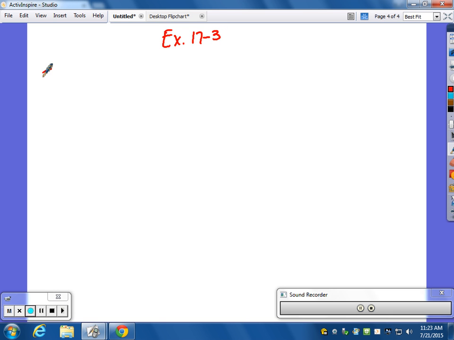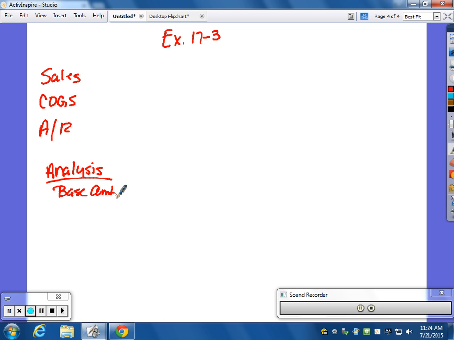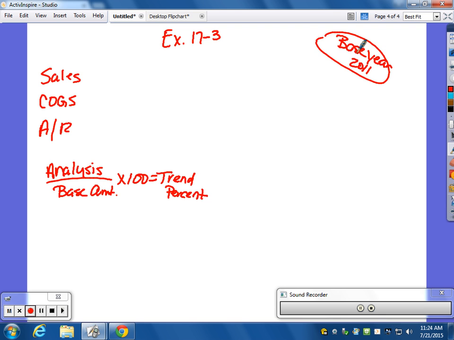So you got sales, you got cost of goods sold, and you have accounts receivable. Analysis divided by base, multiplied by 100 equals trend percent. What's the base year? 2011. That's something to keep in mind.